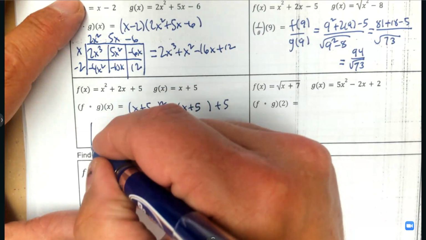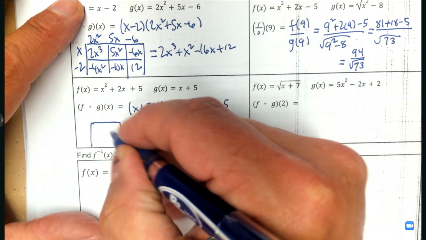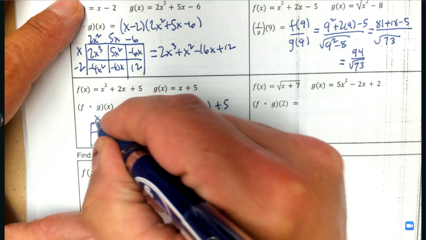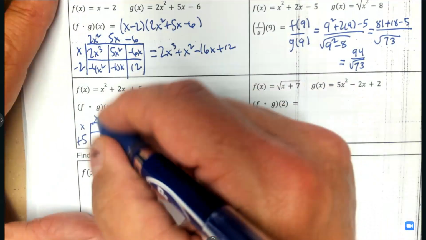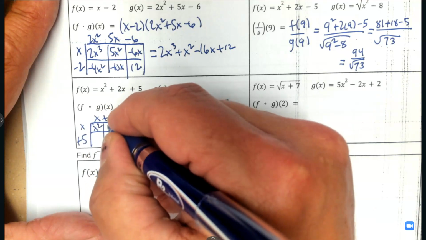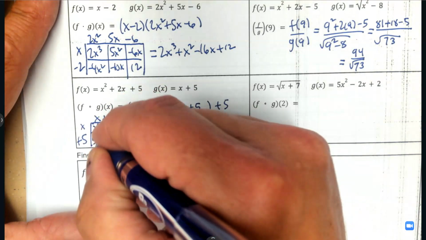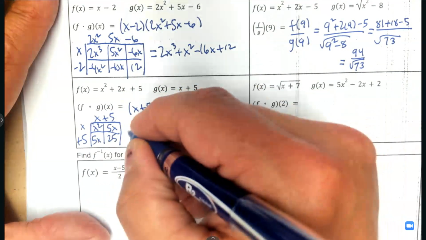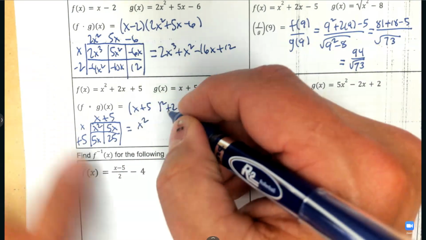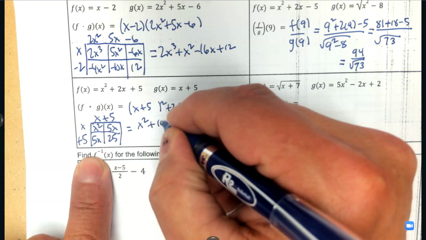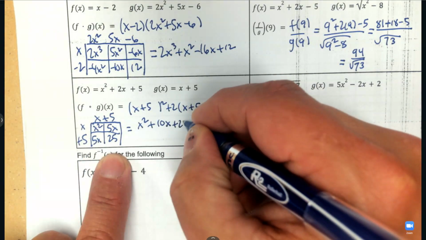So I'm going to FOIL x plus 5, x plus 5. So x times x and 5 times x and 5 times 5. So I have x squared, 5 plus 5 is 10x and 25.